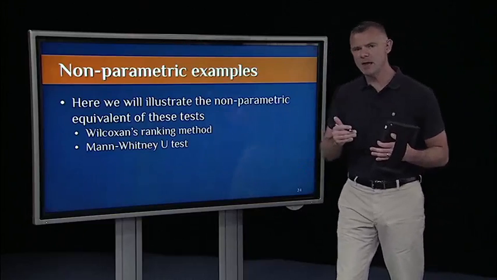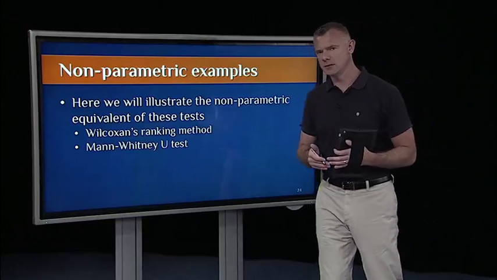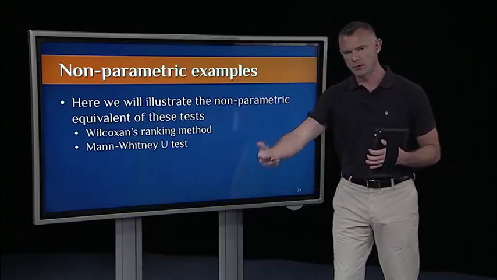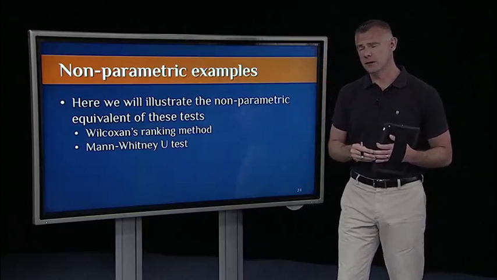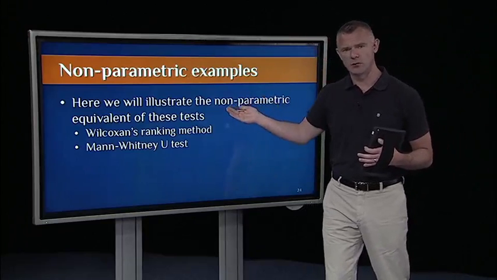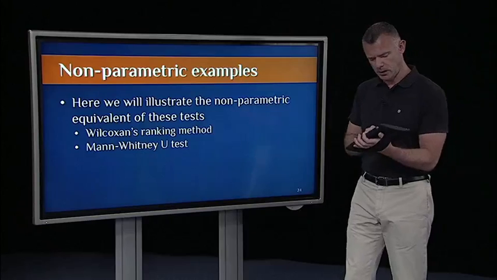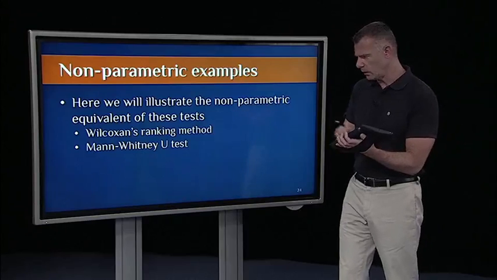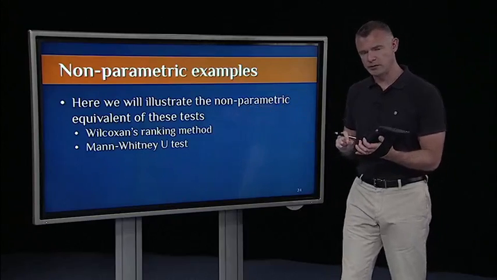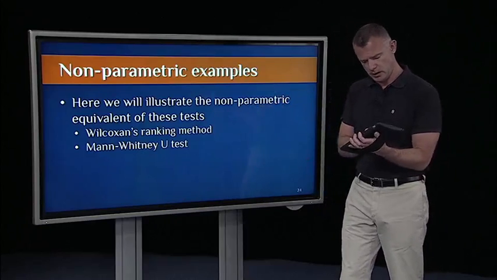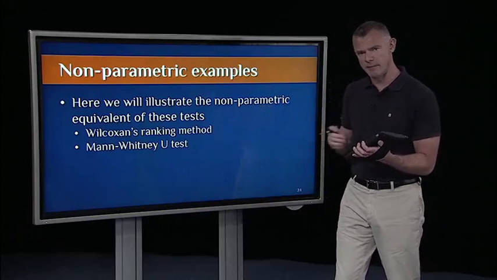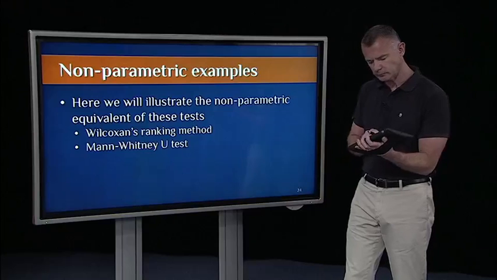And then the Mann-Whitney U-test is the corresponding method for an independent t, which is really just a modification of Wilcoxon's procedure. So you'll see in the R output it actually refers to it as Wilcoxon's procedure, even though most people know it as the Mann-Whitney U test.